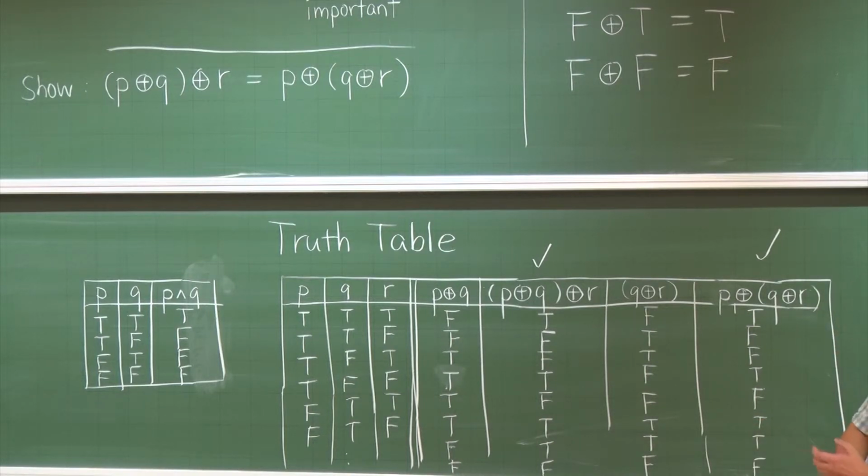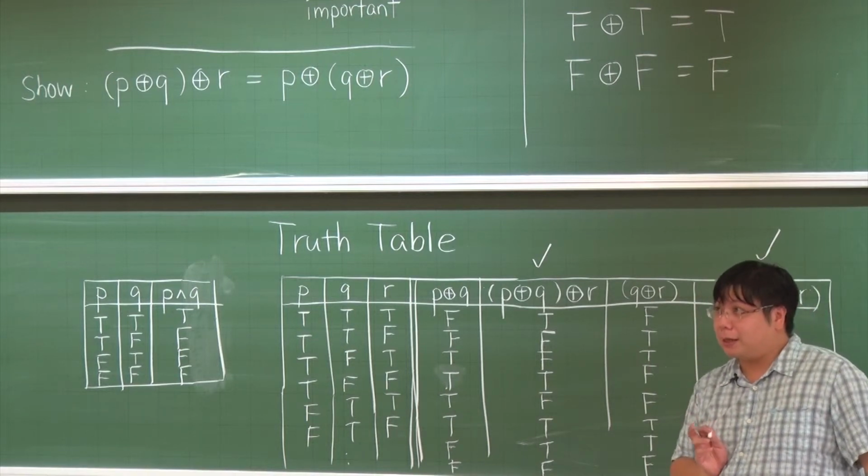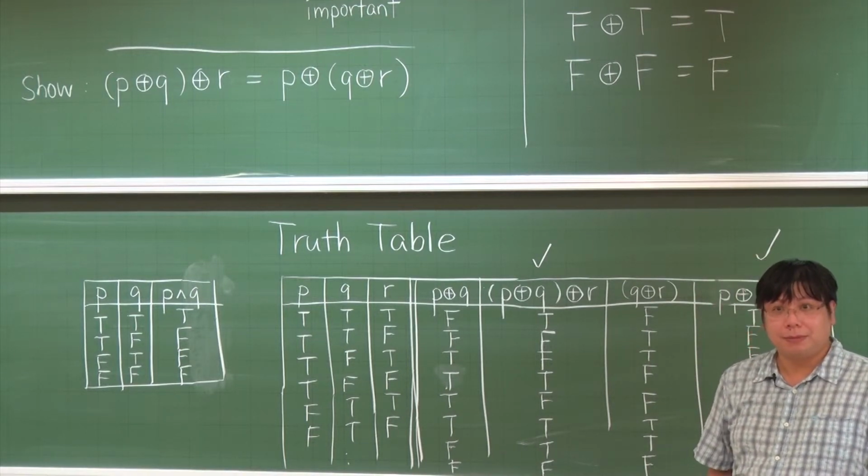This exclusive OR operator, the truth table is very useful because it always can tell you for each of the possible cases what is going on for each kind of proposition. But the truth table has a problem.